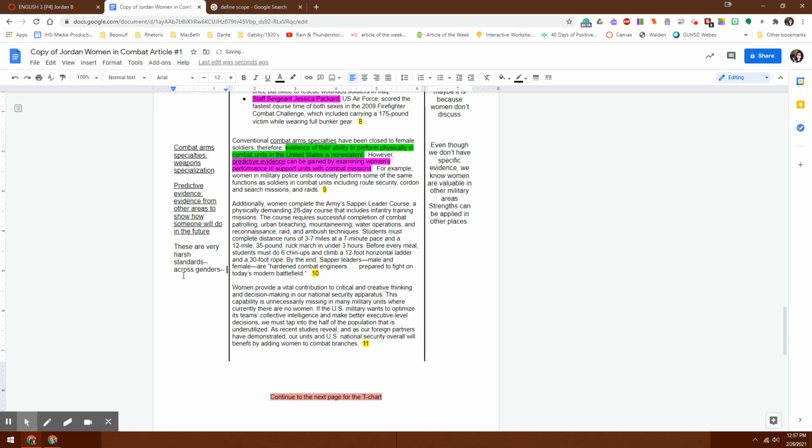I don't think I could do any of that. Like 7 miles in under 7 minutes, that's crazy. So these are very harsh standards, and I'm wondering, how do people of any gender keep that time?